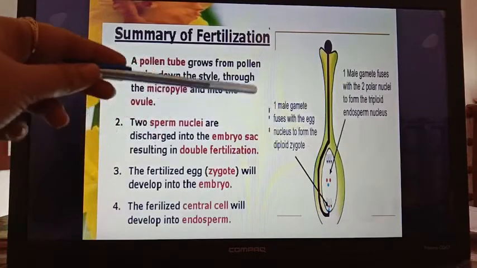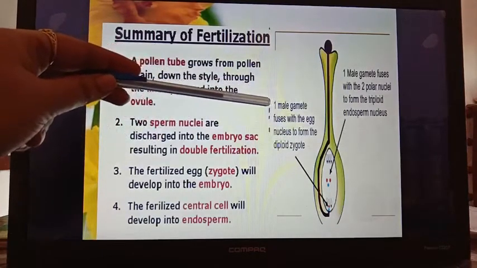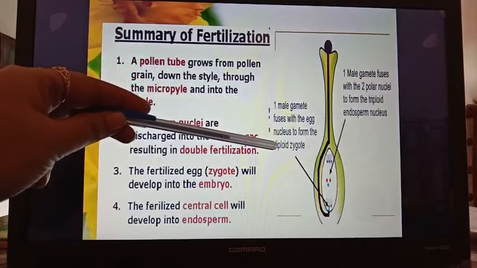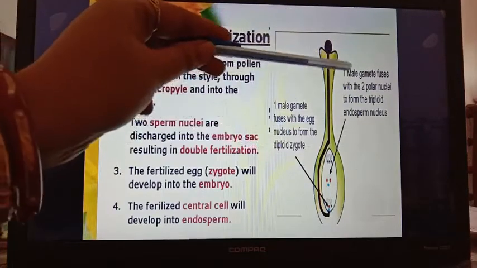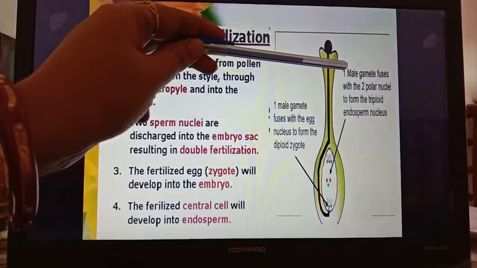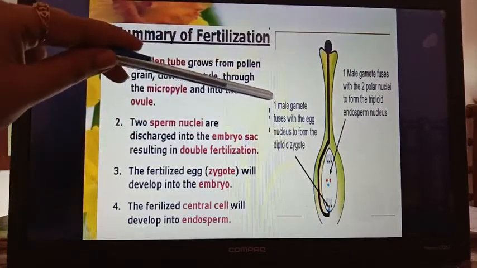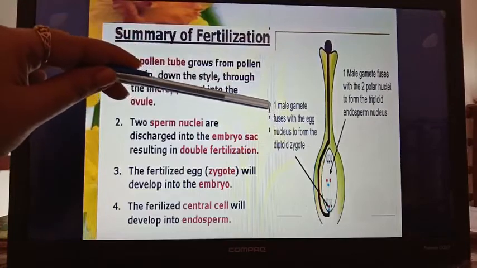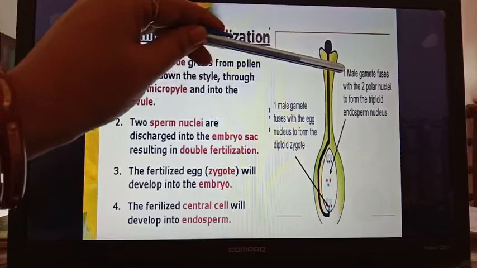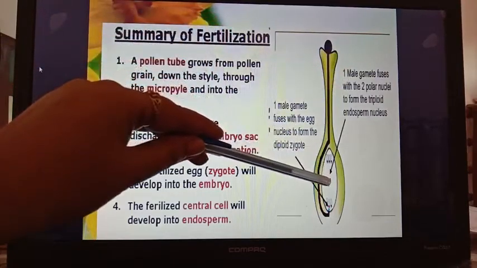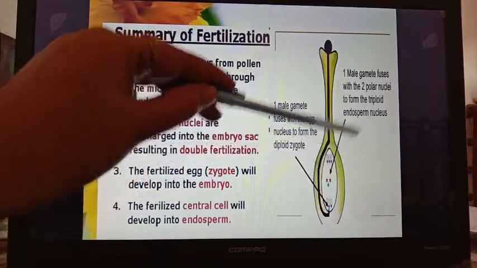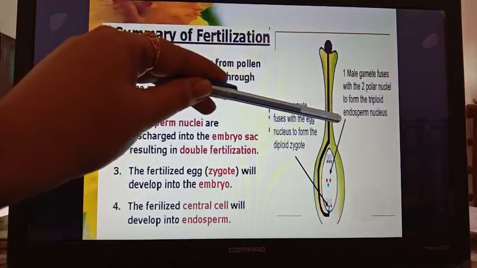In one fertilization, one male gamete fuses with the egg nucleus or egg cell to form the diploid zygote, because you know that the pollen tube contains two male gametes. The other male gamete fuses with the two polar nuclei placed at the central position to form the triploid endosperm nucleus.